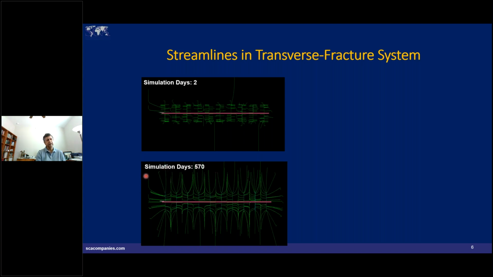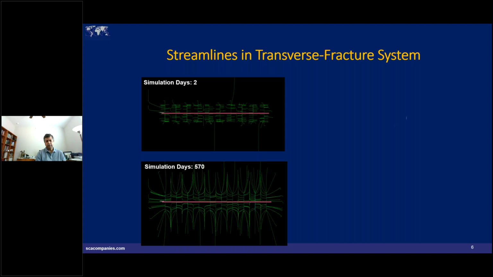So when we say the stimulated reservoir volume, that means that we are talking about this boundary. So it's not the same as the reservoir boundary in a conventional reservoir system. So that's a big difference. So in simple terms, we're dealing with much smaller pore volume. So how do we know what's going on in the system?